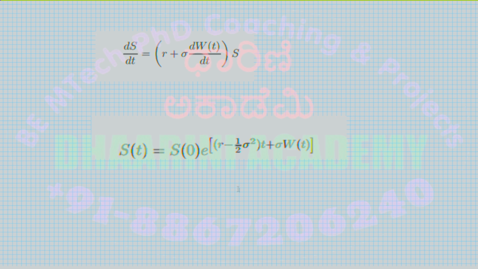Now you see S(t) is equal to S(0), the initial value of your stock, times e to the power (r minus sigma squared by 2) times time t plus sigma times omega t. All right, so this is the equation that we are going to write code for, to model our stock data. Are you okay with this? I just wanted to start from basics. That's why I showed you this equation.